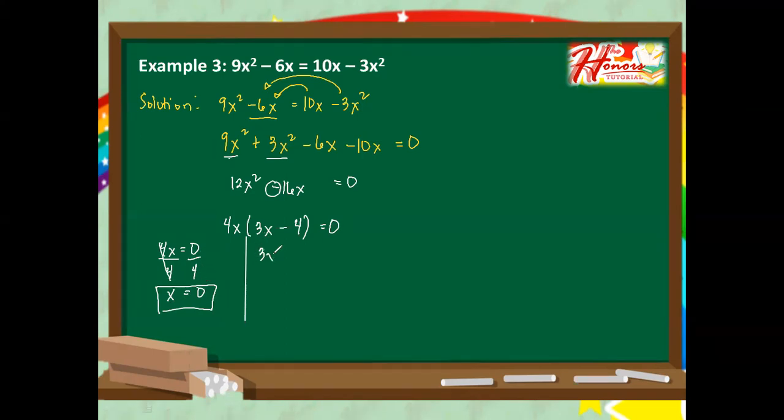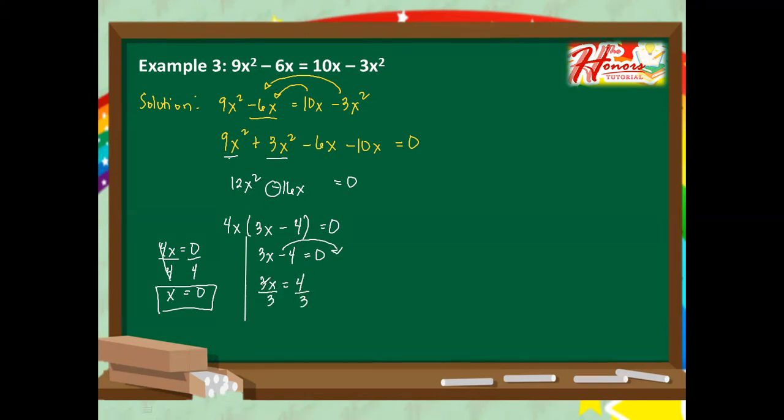How about 3x minus 4? You have to equate this to 0. And then, of course, our goal is the same. Have x at the left side of the equation. And then, for us to be able to do that, we have to transpose negative 4 to the right side of the equation. So we have here 3x equals 4. And then, after that, we have to eliminate the numerical coefficient of x, and that is 3.